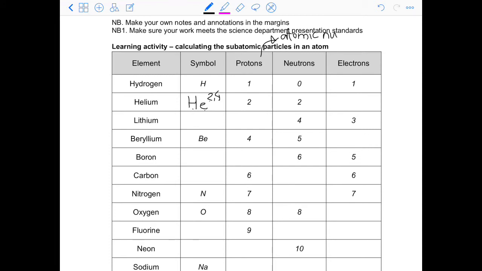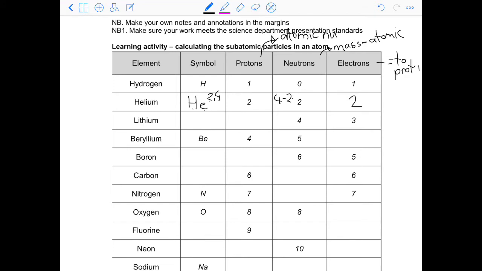My electrons I know is equal to my protons, so for here, my electrons must also be 2. And my neutrons is my mass number take away my atomic number. So it is 4, take away 2, which is equal to 2. So that all makes sense.